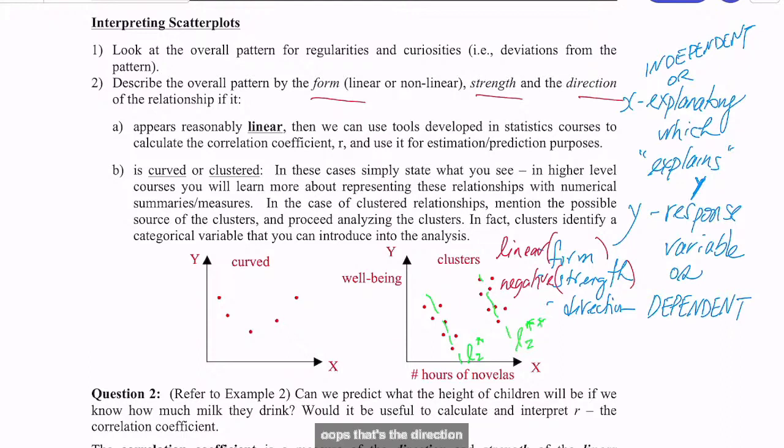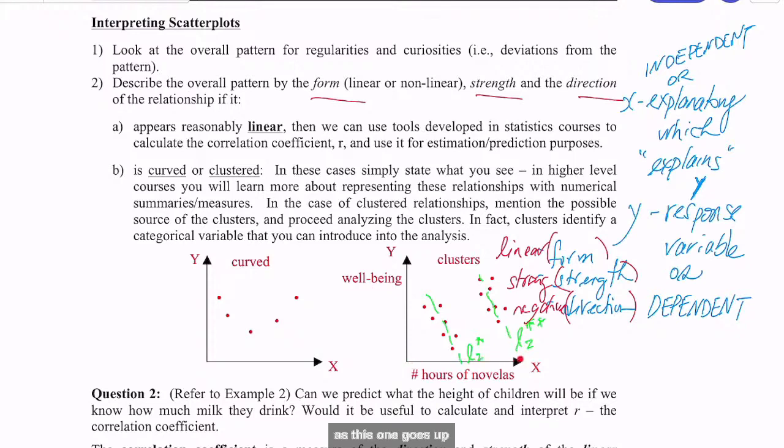That's not the strength. Oops, that's the direction. That's the direction. And we see a strong relationship. Now the negative means the more hours an individual watches telenovelas, the lower their reported well-being.